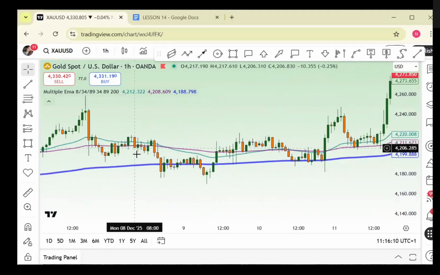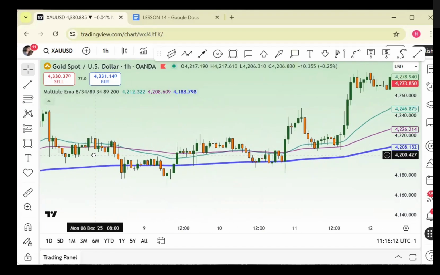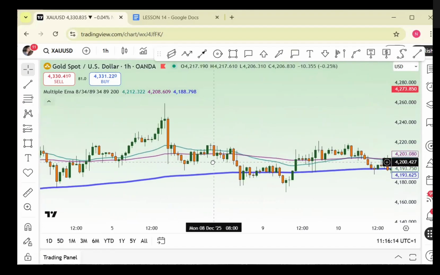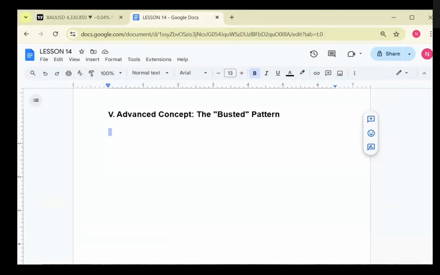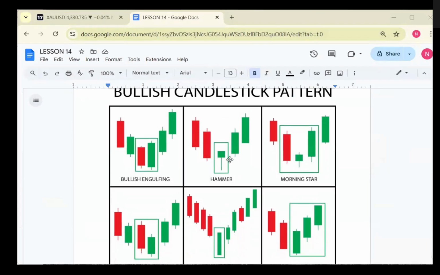Bullish hammer. Okay, so now let's find a hammer on your chart. Okay, so this is the shape of the hammer, right? And this is the bullish reversal signal.